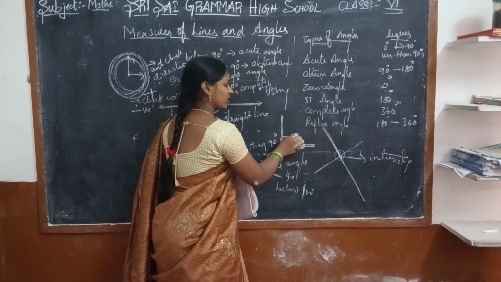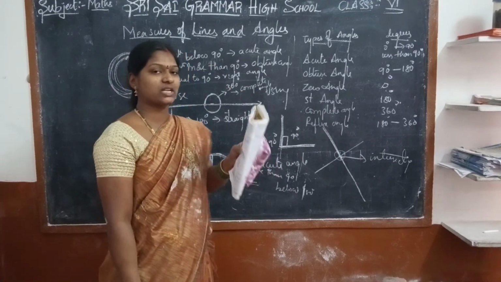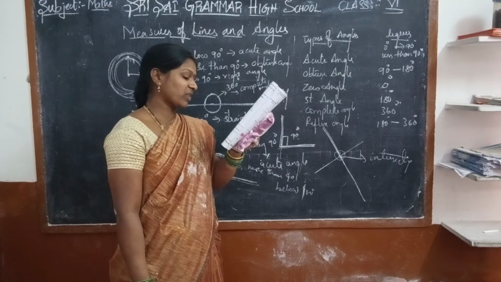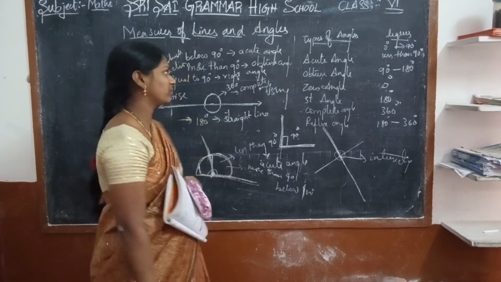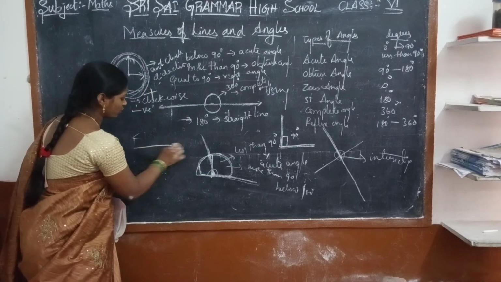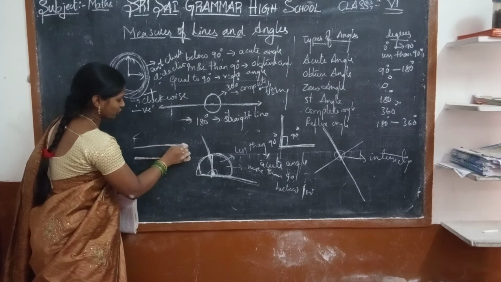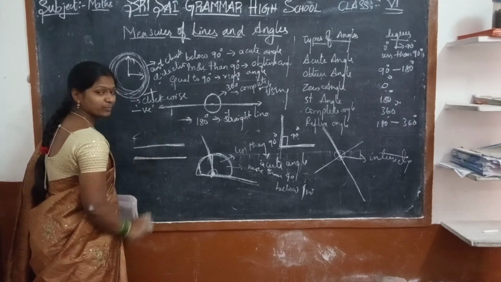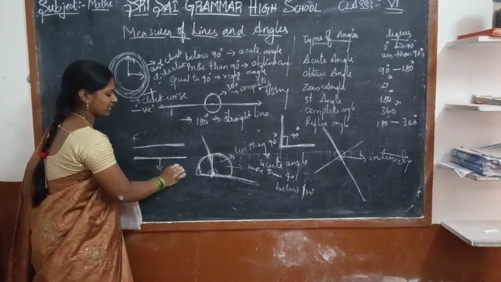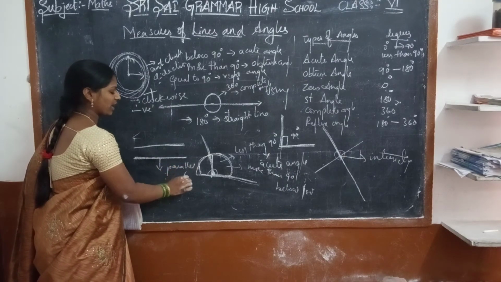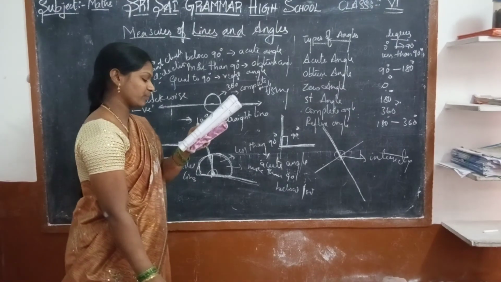Yes, they are perpendicular to each other, forming a right angle. Two parallel lines do not have any common point. Parallel lines are lines opposite to each other, and here they don't have any common point.